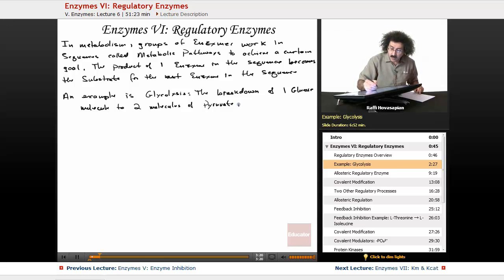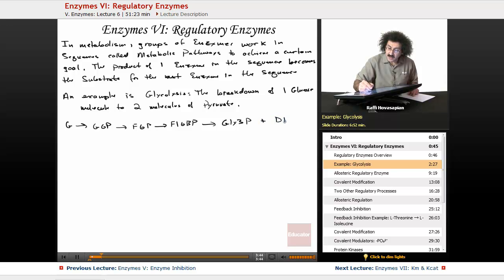Okay, so the sequence goes like this. We have glucose going to glucose 6-phosphate, going to fructose 6-phosphate, going to fructose 1,6-biphosphate, going to glyceraldehyde 3-phosphate and dihydroxyacetone.